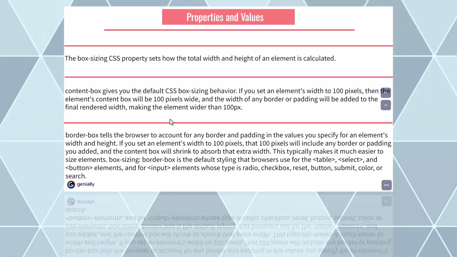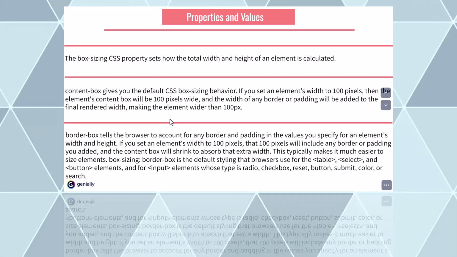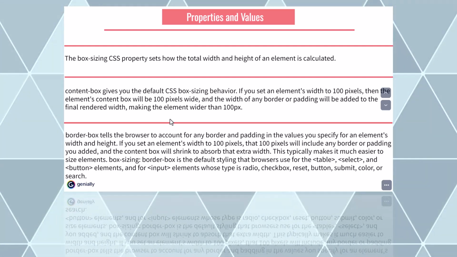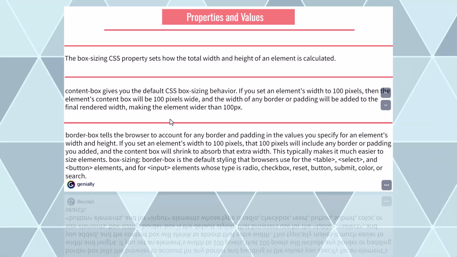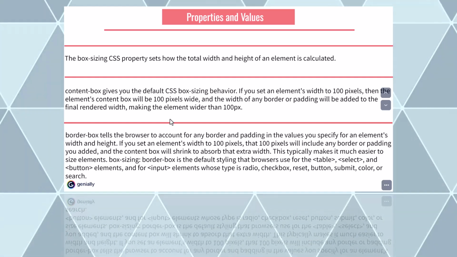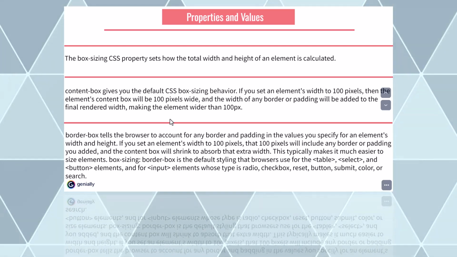So the size of the width is what? 150 pixels, which means with content box, the minute you add a border, it takes the size of the border and adds it to the final element width. Do you understand? Okay.